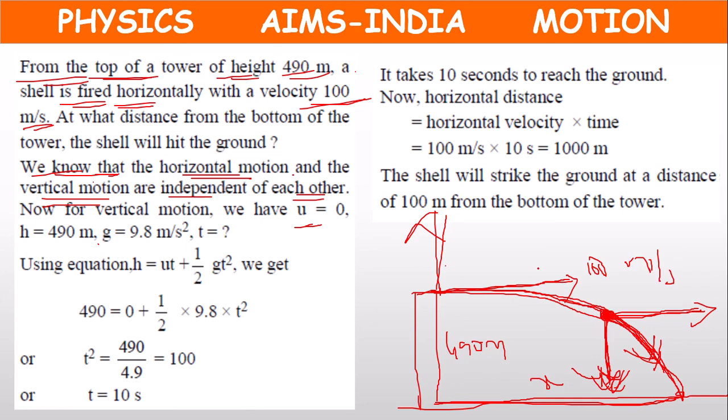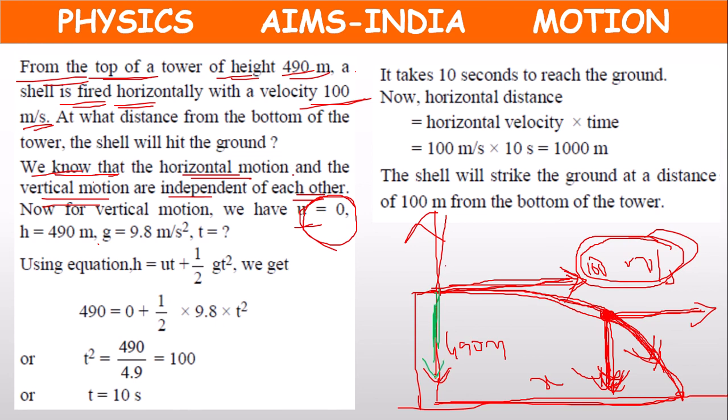We have thrown it horizontally with a speed of 100 meters per second, so in the vertical direction the speed will be 0, because whatever velocity we have applied is in the horizontal direction, not in the vertical direction. Initial velocity in the vertical direction is 0 meter per second, but horizontal velocity is 100 meters per second. So u is 0.